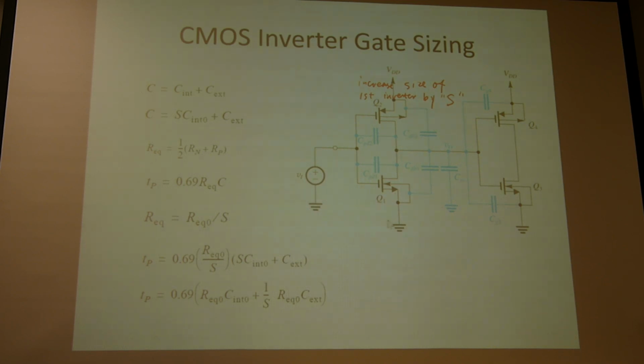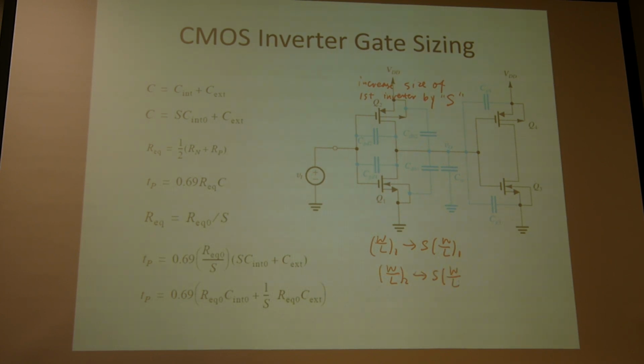So if you increase the size by S, that means the W over L of the first inverter is increased to S times W over L1. And then W over L2, which is the PMOS here, is also increased to S times.